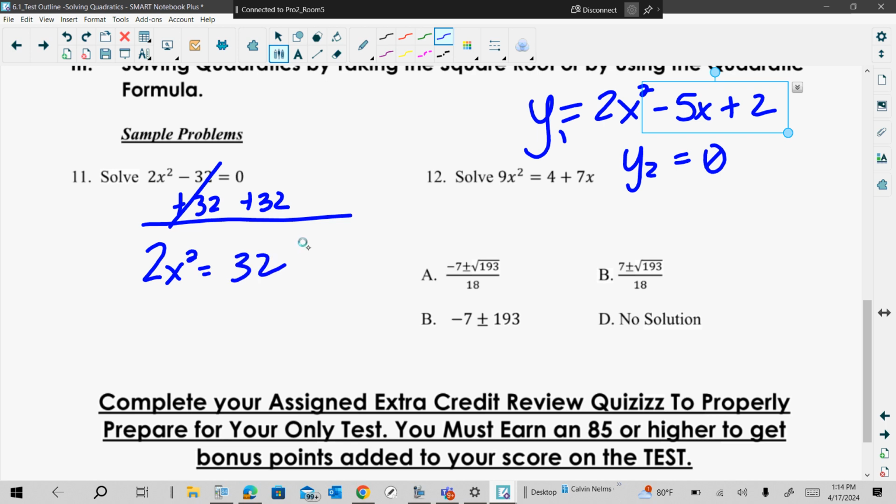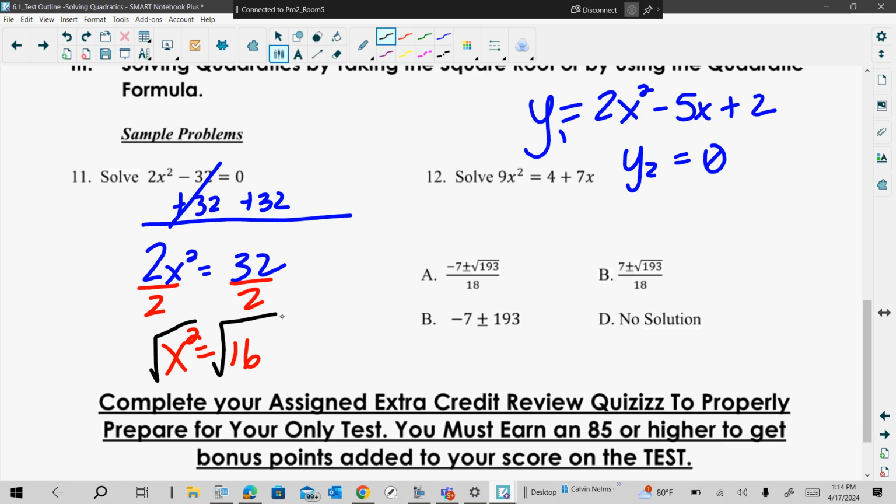To isolate the variable, divide by 2, so we get x squared equals 16. Plus minus 4. You can do a GCF first and then solve it.